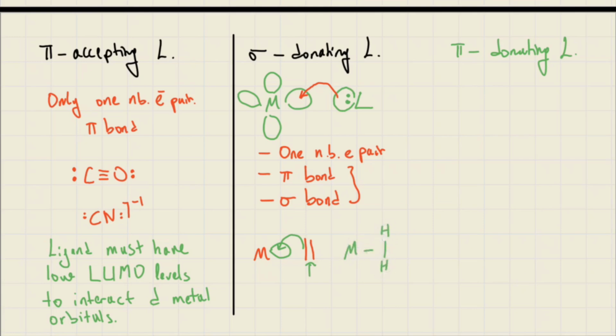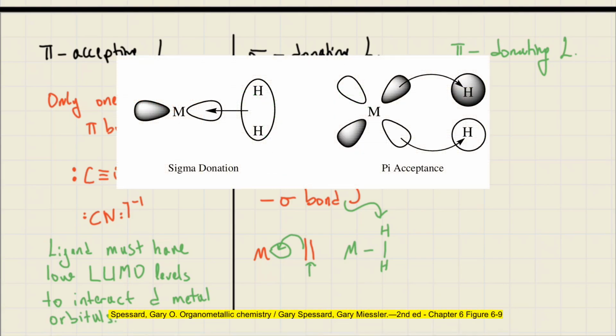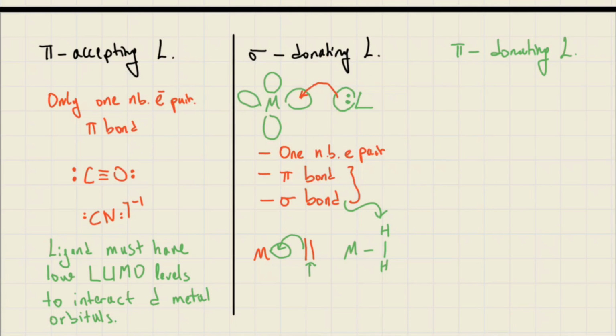The hydrogen molecule has a sigma bond, and this sigma bond can interact with the metal center, and the H2 molecule becomes a sigma donating ligand. The other important thing is that the LUMO level of the sigma donating ligand should be high enough. In this case, it will not accept the electrons.